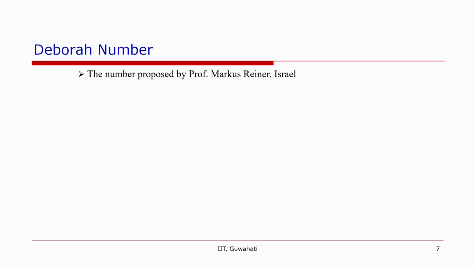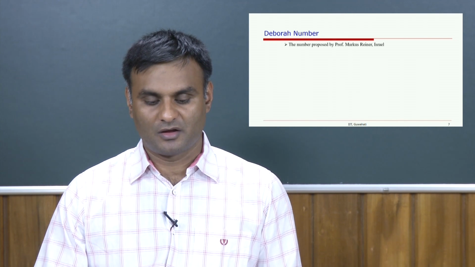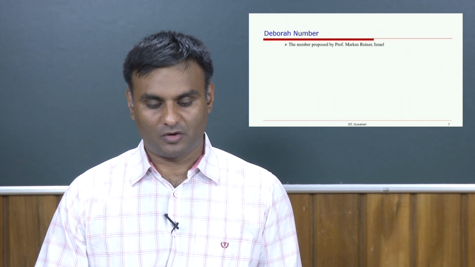You might remember that at the start of the rheology chapter, we discussed that Professor Reiner was one of the professors who gave the term rheology. He also gave this number the nomenclature Deborah number.